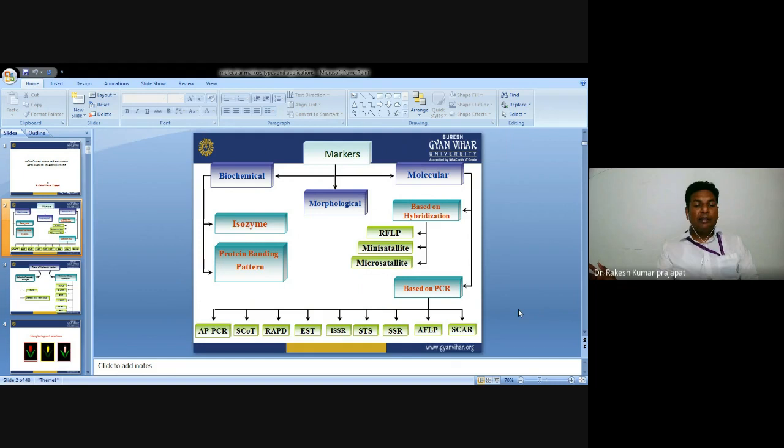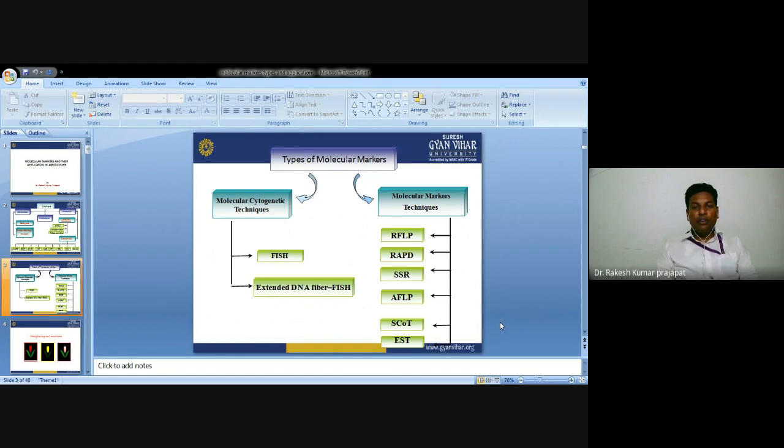AP means arbitrary primed PCR; SCoT, start codon targeted polymorphism; RAPD, randomly amplified polymorphic DNA; EST, expressed sequence tag; ISSR, inter-simple sequence repeat; STS, sequence tagged site; SSR, simple sequence repeat; AFLP, amplified fragment length polymorphism; SCAR, sequence characterized amplified region. These are the molecular markers developed based on PCR.